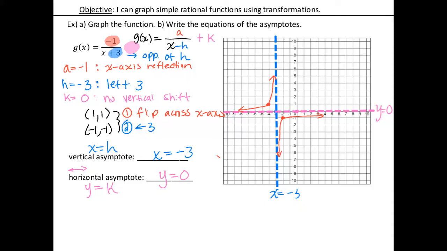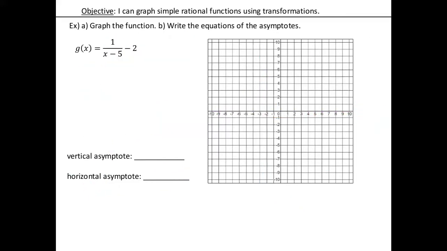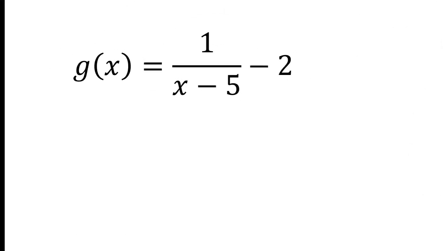All right, let's kick it up a notch, and we're going to do a little bit more. So go ahead and copy this one. G of x is 1 over x minus 5, and minus 2 at the end.